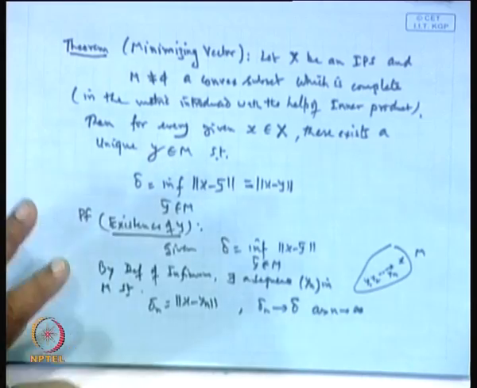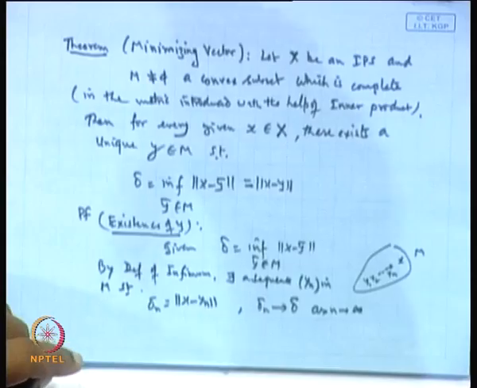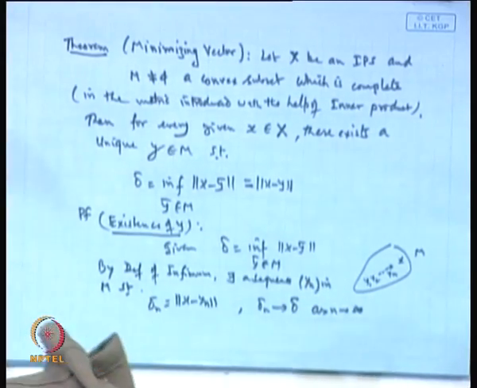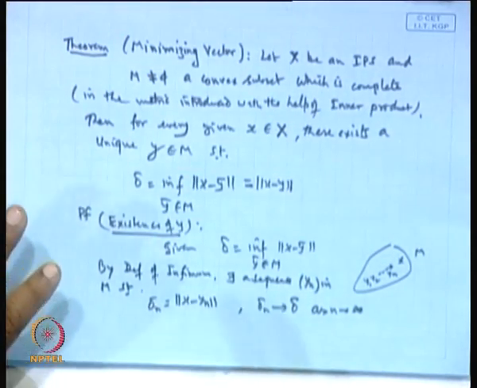Is it correct or not? Because this infimum is delta, there must be a sequence yn so that the norm of x minus yn, which is delta n, will go to delta as n tends to infinity.